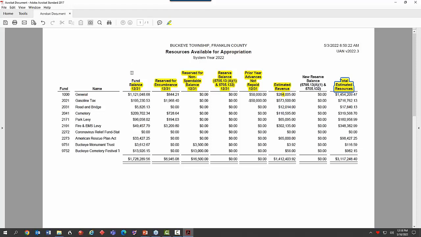So let's say you void a prior year warrant and you put money back in your fund. That's changing this number. The only way the county would know that is if you tell them.